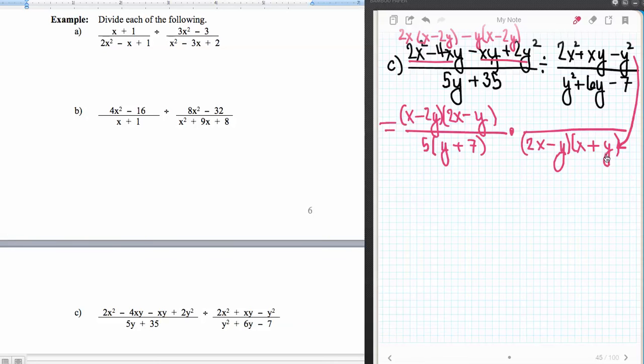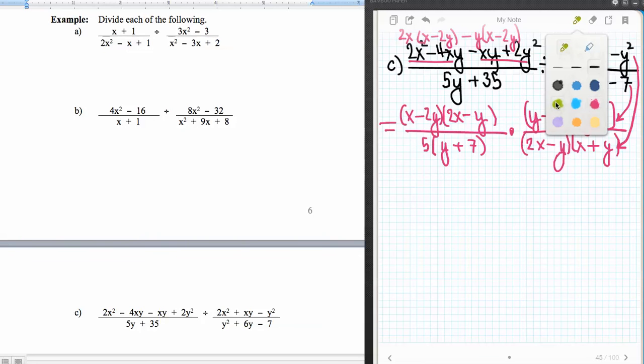This makes a 2xy, this makes a minus xy, and that gives me my 1 in the middle. Now this one I'm going to factor and put into my numerator because of the reciprocal, right? So I need the factors of 7 that give me a difference of 6. So I have a y with a 7, and I have a y with a 1. And then I have a negative, so I have 1 positive, 1 negative, and I need a positive 6, so positive 7 and a negative 1.